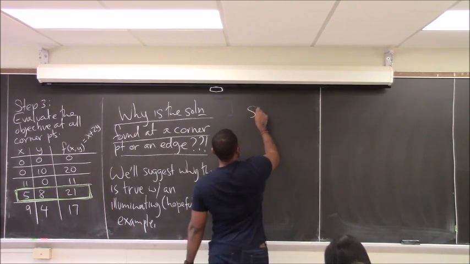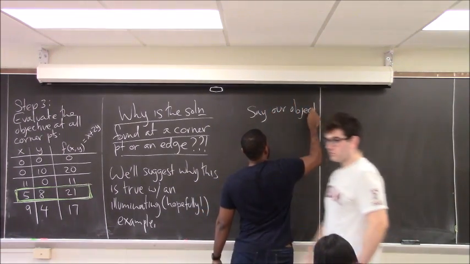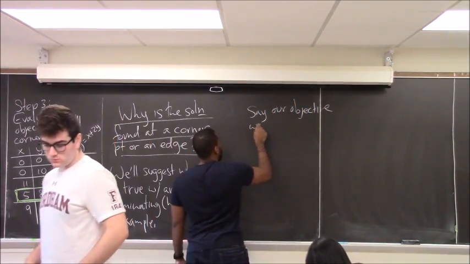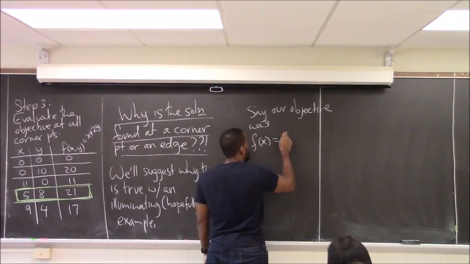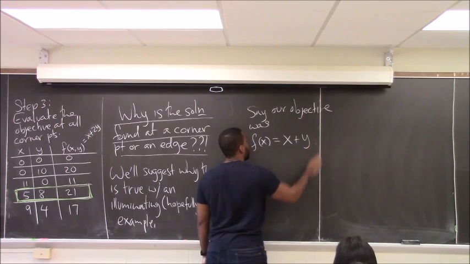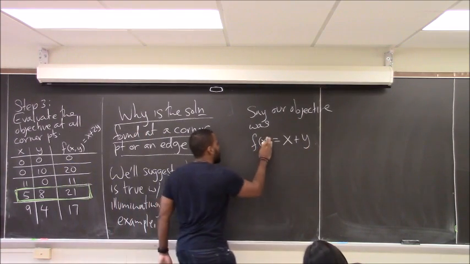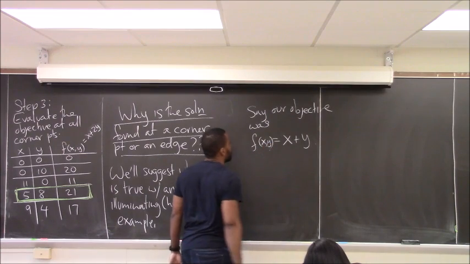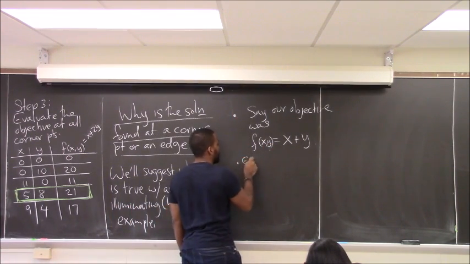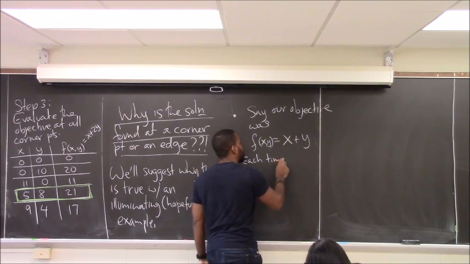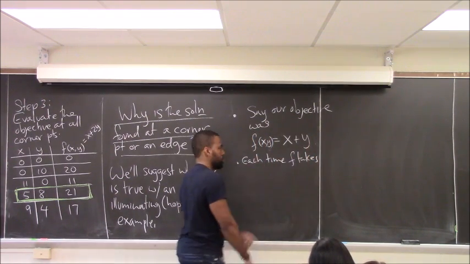So say our objective was x plus y as an example. So that's f. Right? Now each time f takes on a value, you plug in some x and y and you compute f.